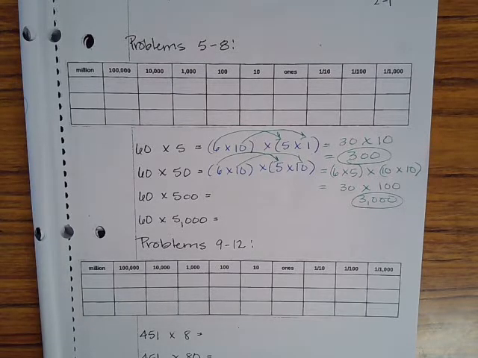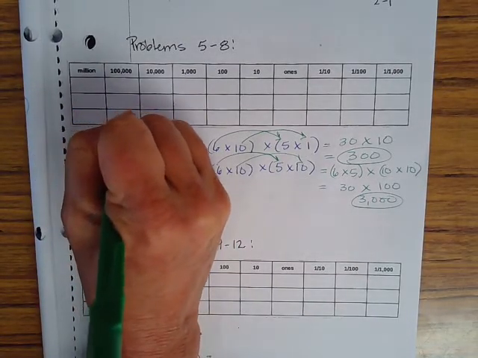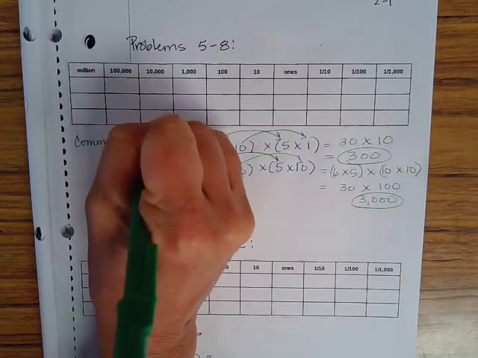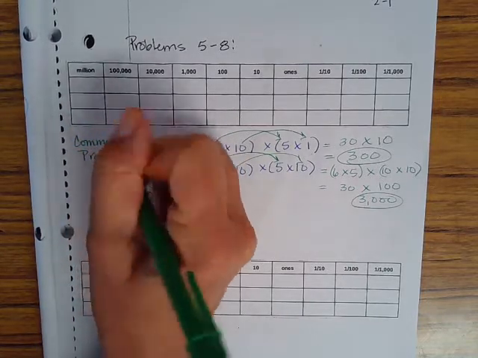Okay, so when we change the order of the factors, we are using the commutative property. So just so you know, the commutative property means order.